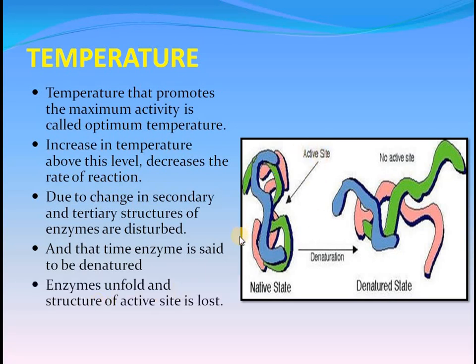In the figure you can see that this is the native state and here is the active site. But when the temperature rises, the enzymes become denatured, and in the denatured situation the enzymes unfold and the structure of the active site is lost.